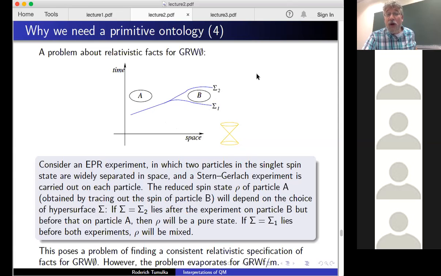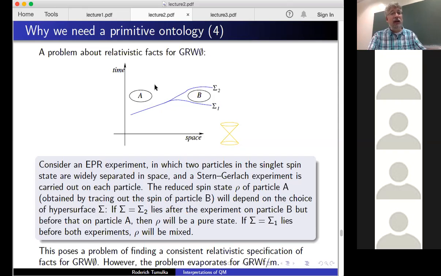And now before Bob's measurement, the reduced density matrix, the partial trace over B, of Alice's particle will be a multiple of the identity, a mixed state. But on the other surface, after it has already collapsed on Bob's side, it will be a pure state, either up or down on Alice's side.